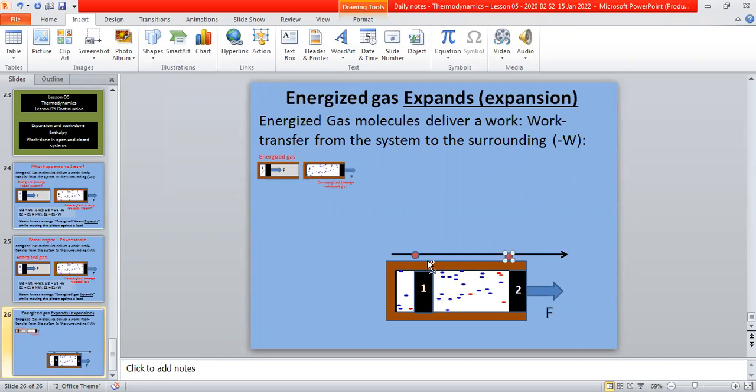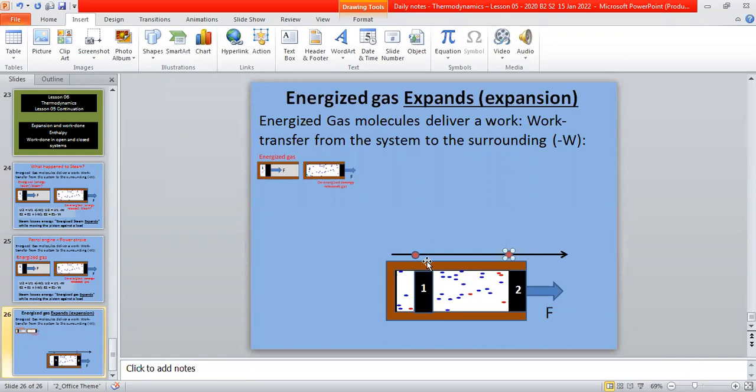The piston has to move to give way for this energized gas to expand. Expanding means the gas is looking for more stabilized conditions. Energized means it is not in a stable condition, not the natural status of the gas. Energized means it is looking to release the energy. That is nature's way. It's trying to release the energy and merge with nature or the surroundings.